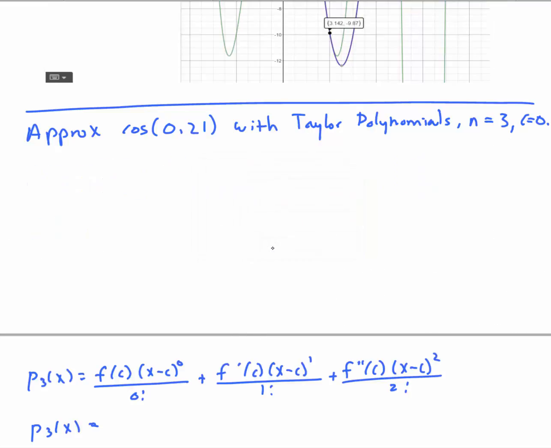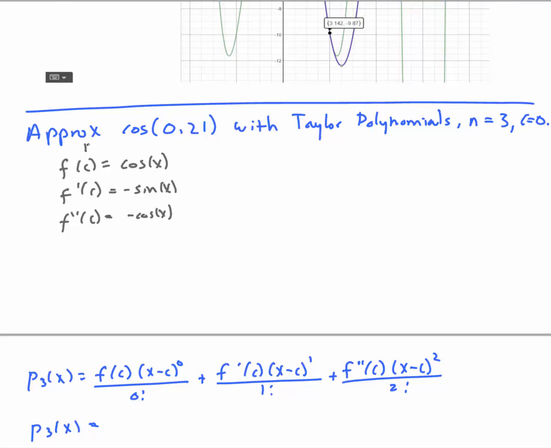Okay, so let's go ahead and look at our derivatives first, and then we'll work with this down here. So f of c would be the cosine of x. I'm going to use the function cosine of x to approximate cosine, so that makes sense. The derivative, f prime at c, equals negative sine of x. The next derivative, the derivative of negative sine, is negative cosine of x.